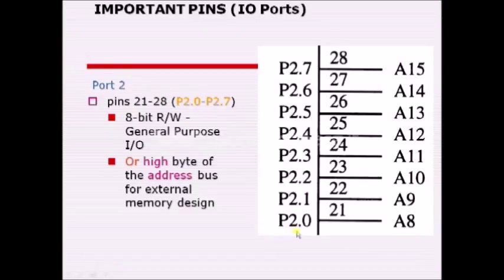Port 2 again has 8 pins, P2.0 to P2.7, and here you can see that it is going to carry the address information from A8 to A15, which is nothing but the higher byte address. So I can use these pins as input, as output, or as higher byte address lines. These address lines and data lines are mainly used whenever we connect some external memory or external peripheral.